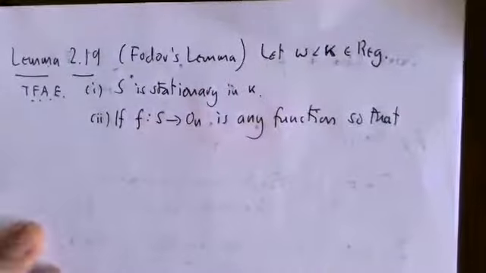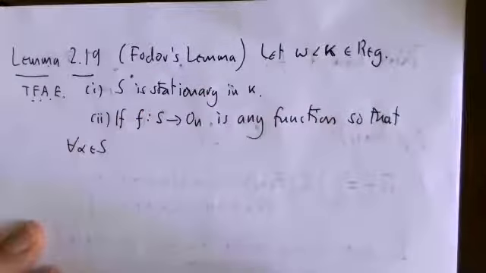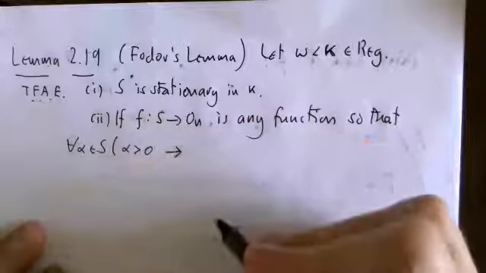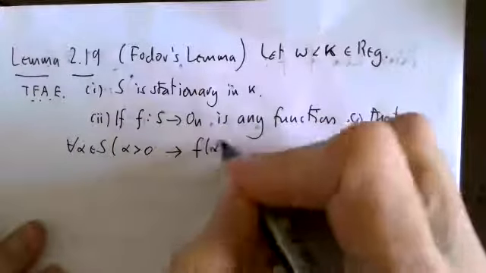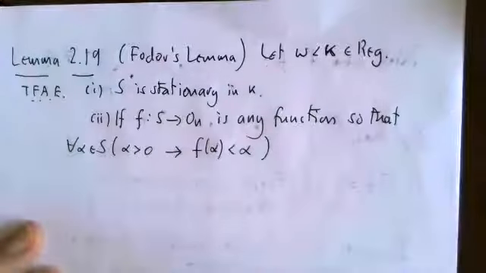The property that it has is you pick any alpha in S, at least if it's non-zero, then it's pressing down or regressive. Anyway, f of alpha is always less than alpha.